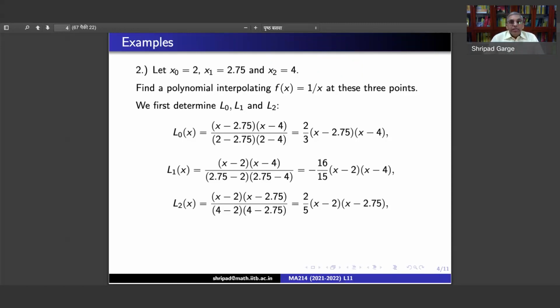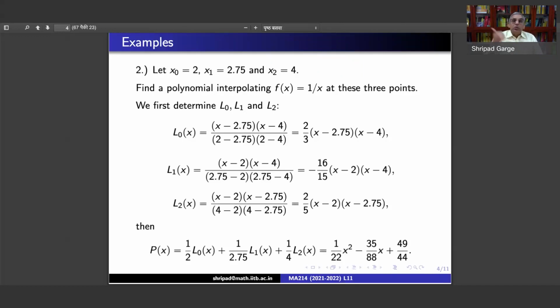So we have 3 degree 2 polynomials, and finally we can write down the value of the Lagrange polynomial P(x) interpolating 1 upon x at these 3 points, 2, 2.75 and 4. And the polynomial happens to be 1 by 22 x squared minus 35 by 88 x plus 49 upon 44.